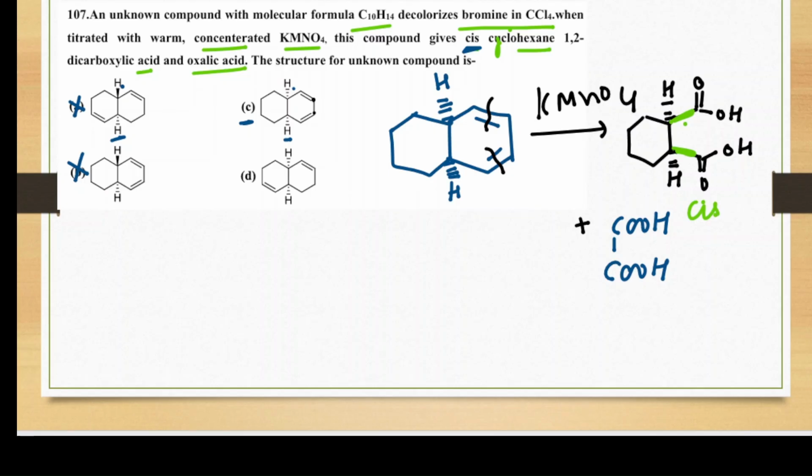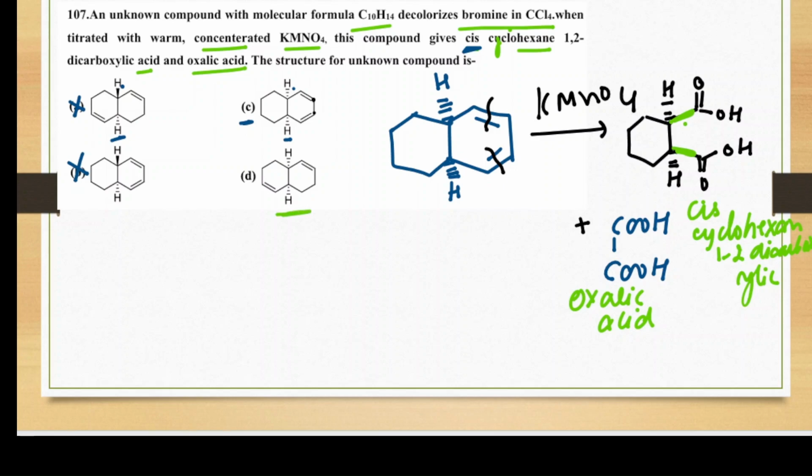So you have your cyclohexane-1,2-dicarboxylic acid. That means through option C, where the double bonds are in the adjacent positions, I can get the oxalic acid formation.